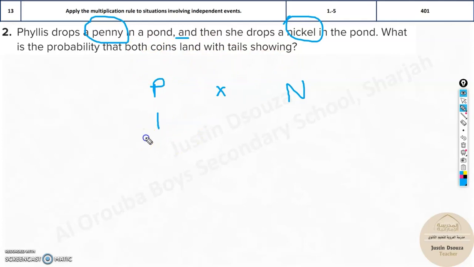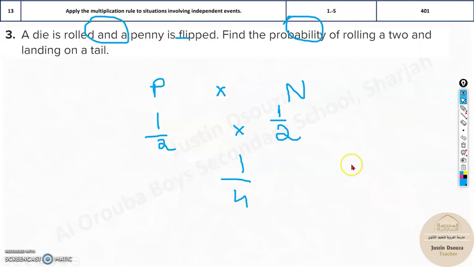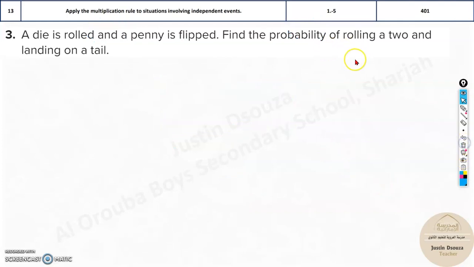It will be tail: 1 out of 2 multiplied with 1 out of 2, because the probability, whether of head or of tail, is half itself, 50% chances. So the answer is 1 by 4. That's it. So that will be 25%. That is the answer. We have to do the same type of problems the same way. We'll just quickly go through these.